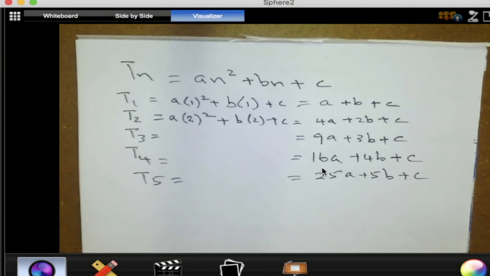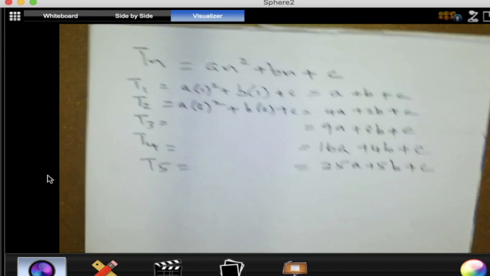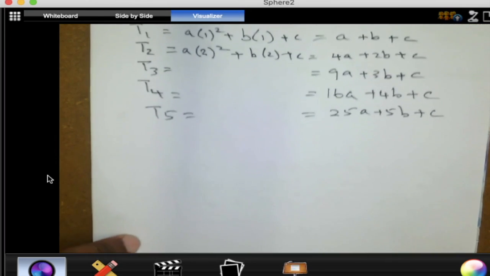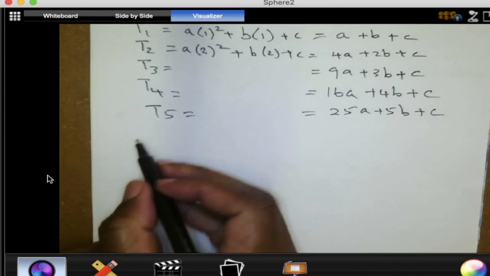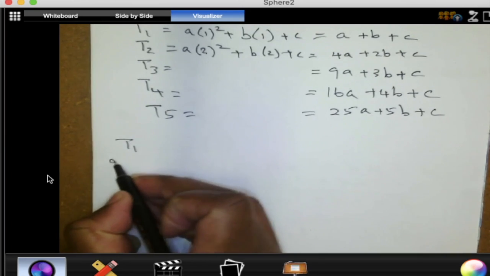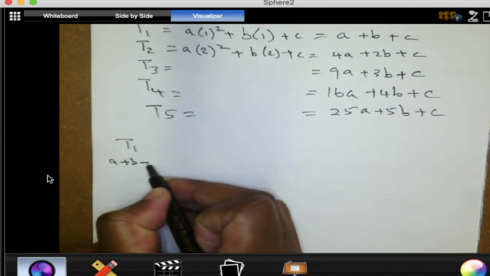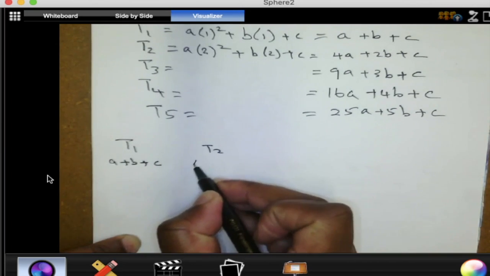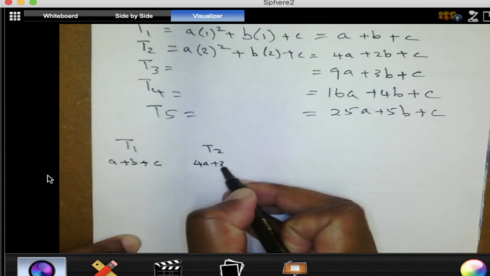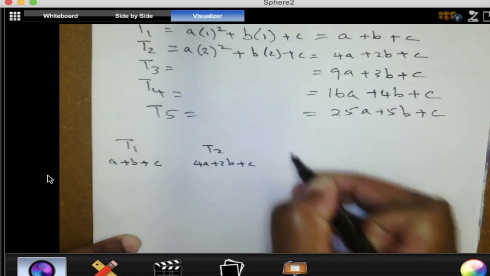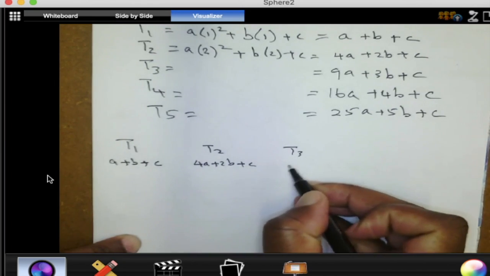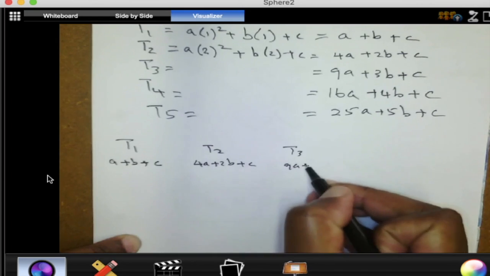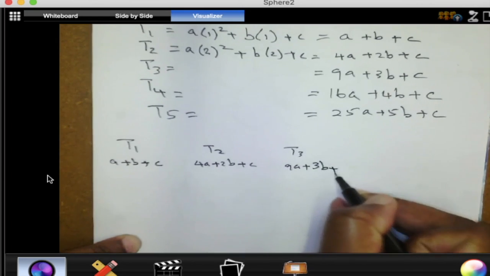Okay, so these are just the first 5 terms of this particular quadratic number pattern. I will just arrange these numbers like this. I'll put T1 here, which is a plus b plus c. Then I'll put T2 here, which is 4a plus 2b plus c. Then T3 here, which is 9a plus 3b plus c.